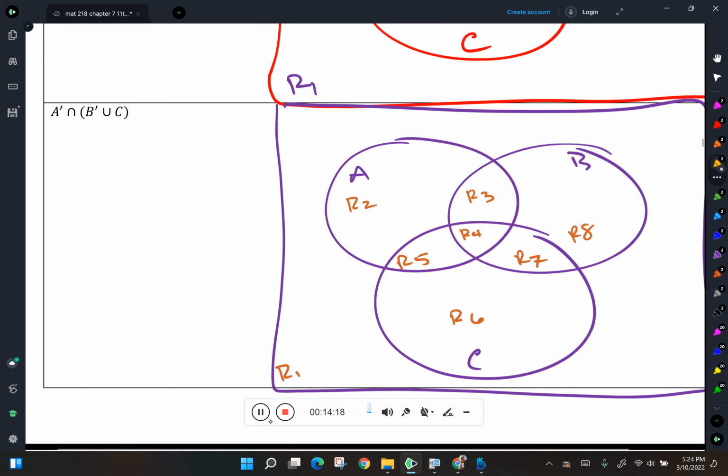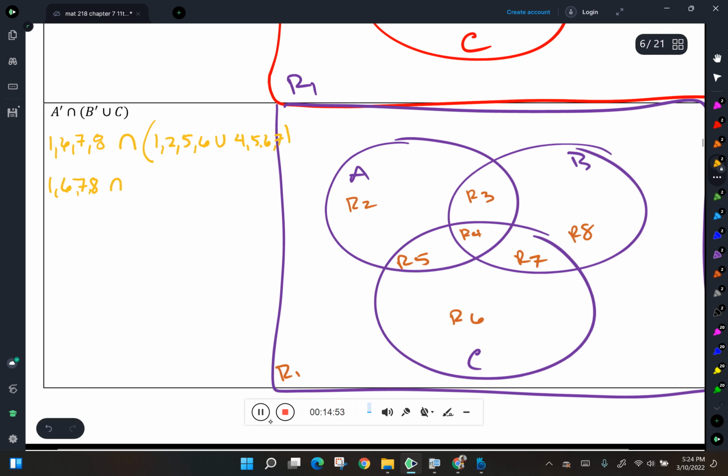So A complement, that's going to be everything outside of A. So not 2, 3, 4, 5. So 1, 6, 7, and 8, intersected with parentheses B complement. B is 3, 4, 7, 8. So B complement is going to be 1, 2, 5, and 6. Union with C, and C is 4, 5, 6, 7.